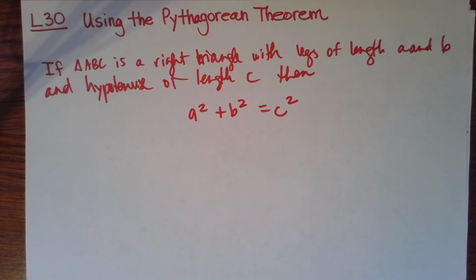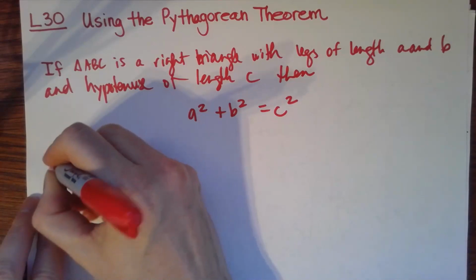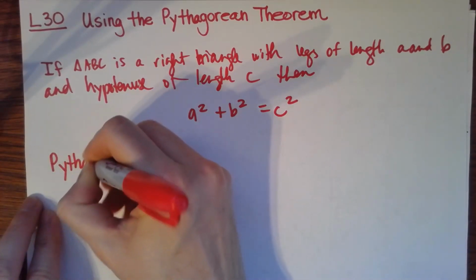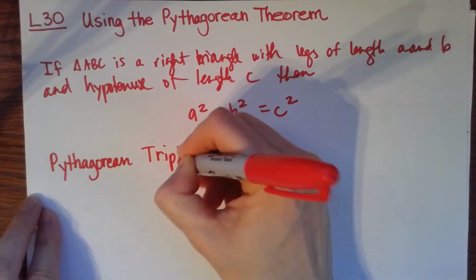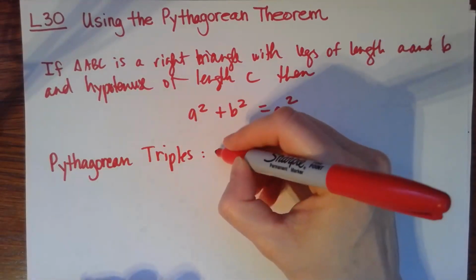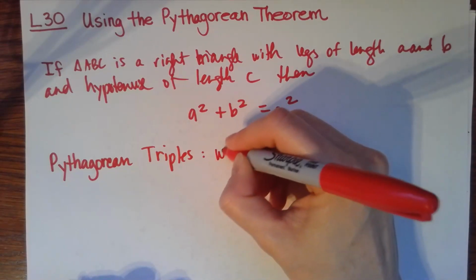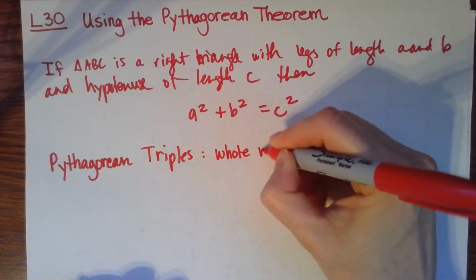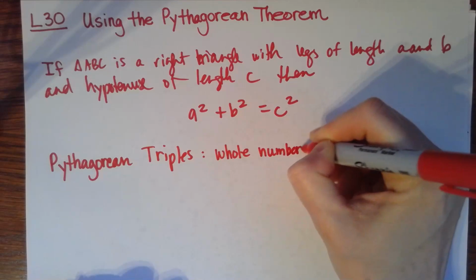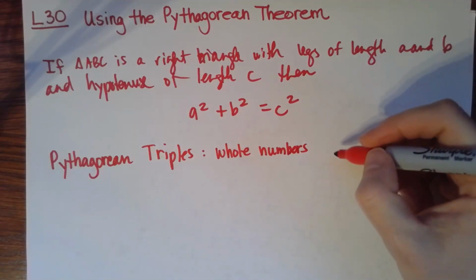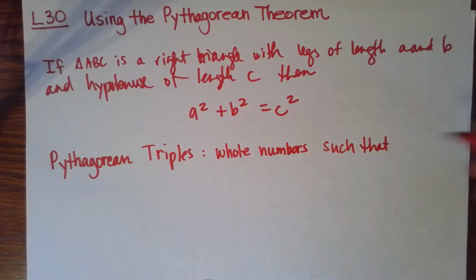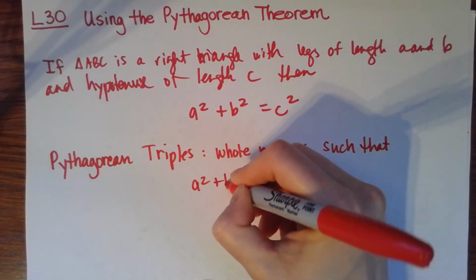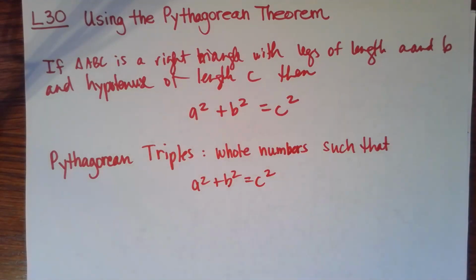In addition to knowing the Pythagorean theorem, we want today to look at something called Pythagorean triples. Pythagorean triples are whole numbers such that A squared plus B squared equals C squared.